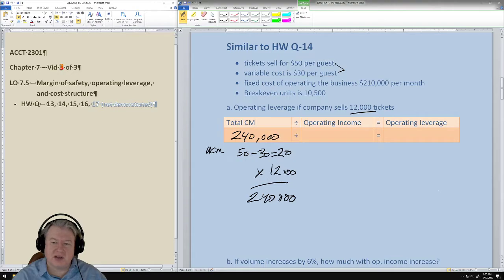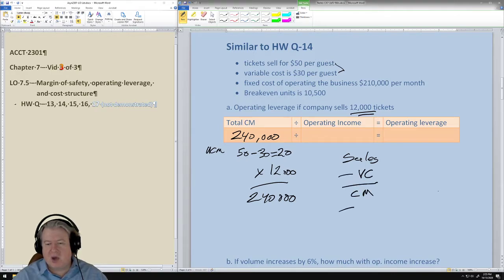Remember, of course, this is just for the 12,000 ticket level. Now, what is operating income? Well, remember our contribution margin income statement is sales minus variable costs equals contribution margin minus fixed costs equals our operating income. Well, we don't necessarily have these numbers, but we did figure out contribution margin.